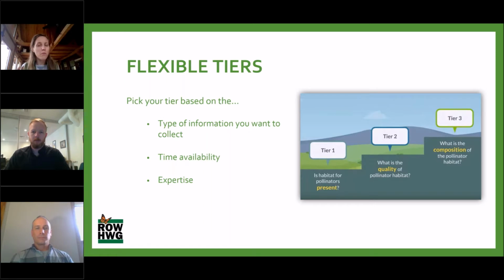Tier 2 is a little bit more in-depth, actually provides a habitat quality score, and that again gives you an indication of potentially the quality of that habitat that you have on site. And then lastly, tier 3 is more involved and really gets into the composition of those plant species and the value of that diversity in providing that pollinator habitat function.